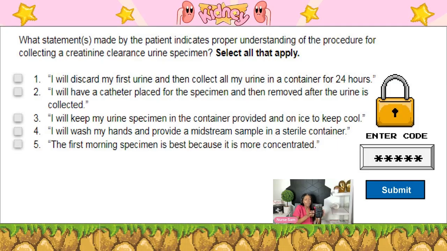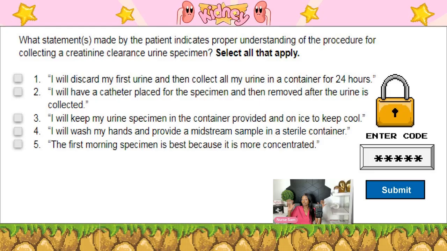Which statements made by the patient indicate proper understanding of the procedure for collecting a creatinine clearance urine specimen? Select all that apply. Is it 1, I will discard my first urine and then collect all my urine in a container for 24 hours?